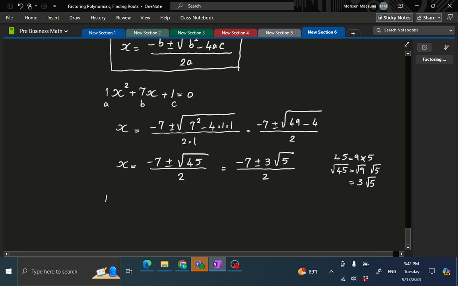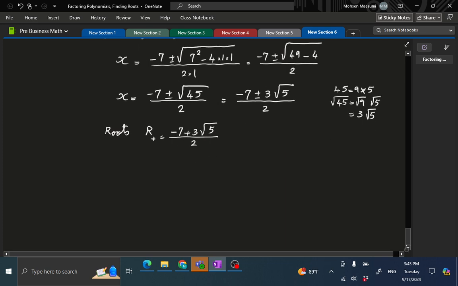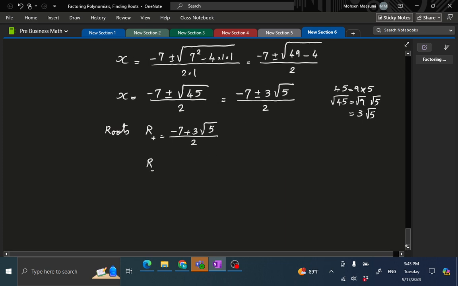So my roots, I have two roots. Let's call it roots with a plus and roots with a minus. So root plus is minus 7 plus 3 radical 5 over 2. And the root with the minus is minus 7 minus 3 radical 5 over 2.